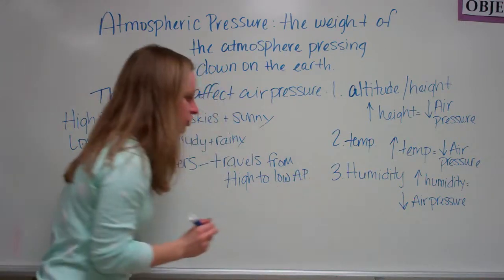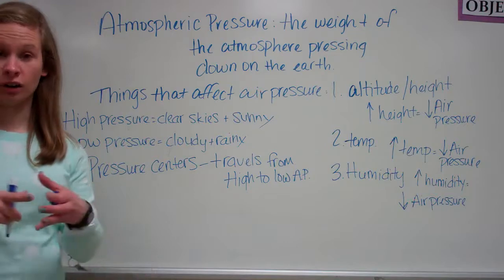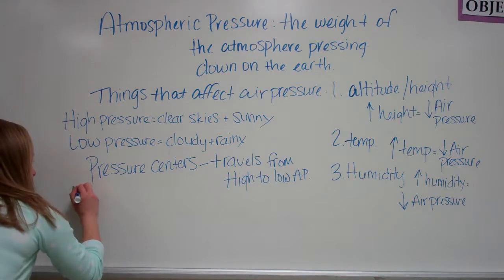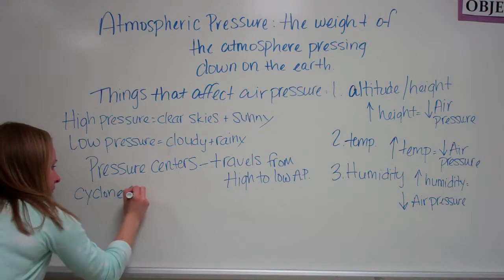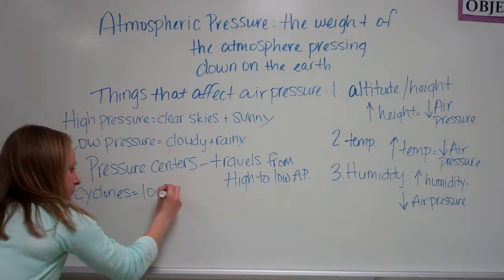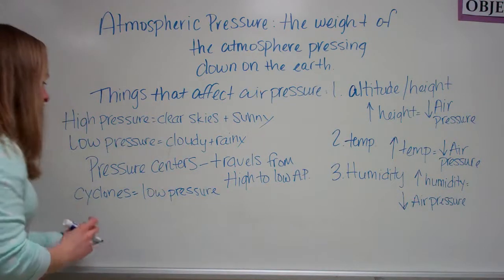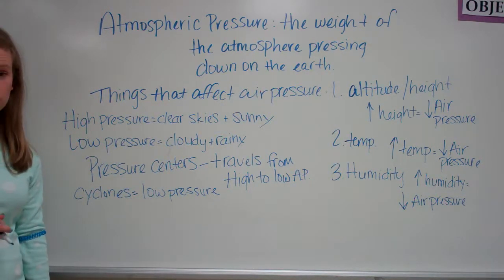I'm writing air pressure as AP. The regions that are low pressure, we refer to as cyclones. So our low pressure regions are called cyclones, and anticyclones are our high pressure regions.